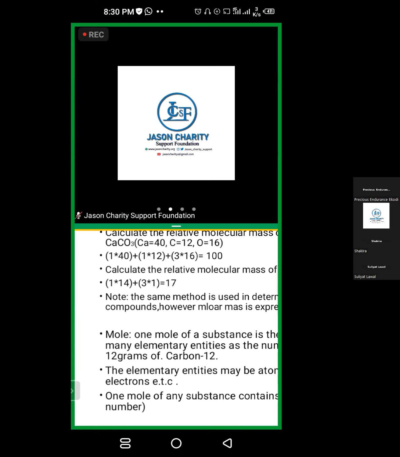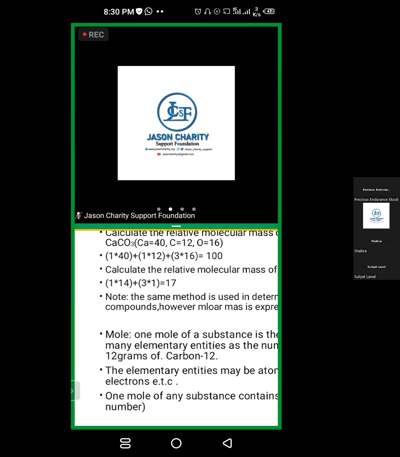Calcium has atomic mass of 40, carbon 12, and oxygen is 16. Now, for you to be able to calculate the relative molecular mass, you need to multiply the number of each atom in that compound times their atomic mass.